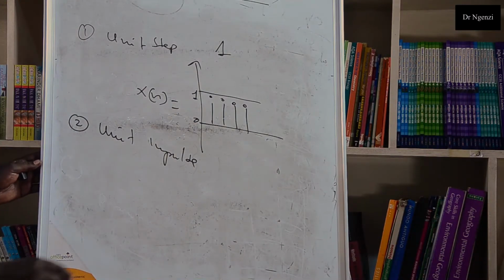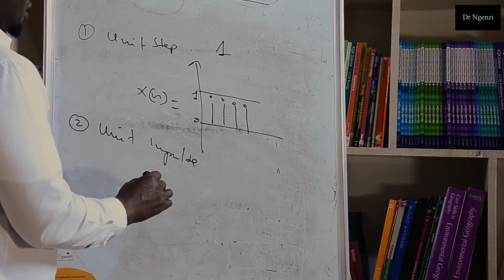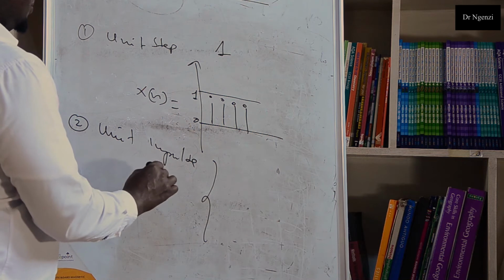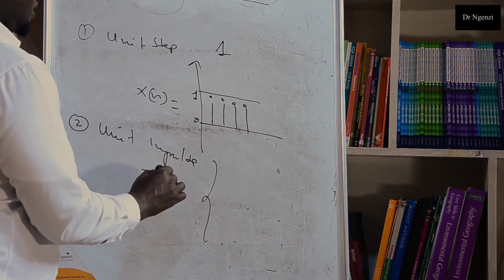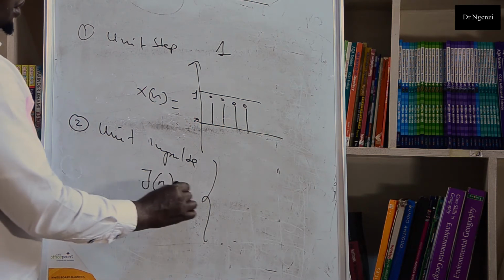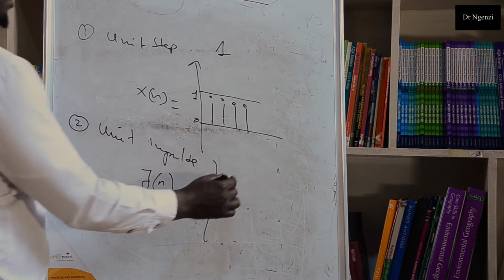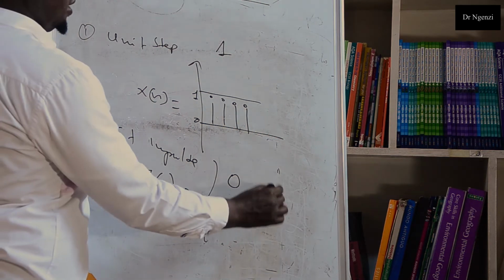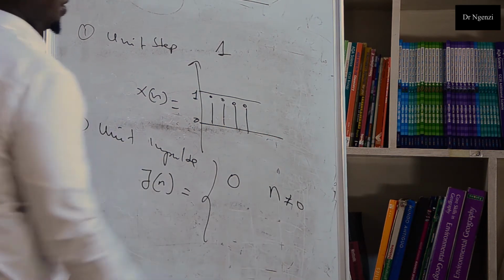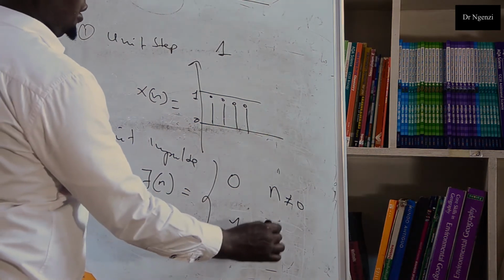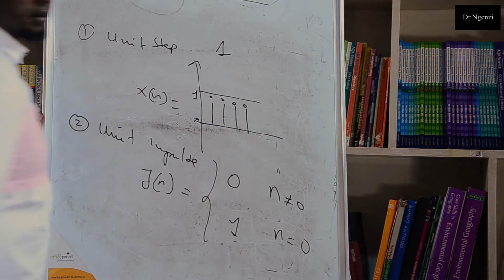The impulse can be shown as a function. For example, the impulse signal is shown in this way. It is going to be 0 whenever n is not 0, and it is going to be 1 when n is equal to 0.